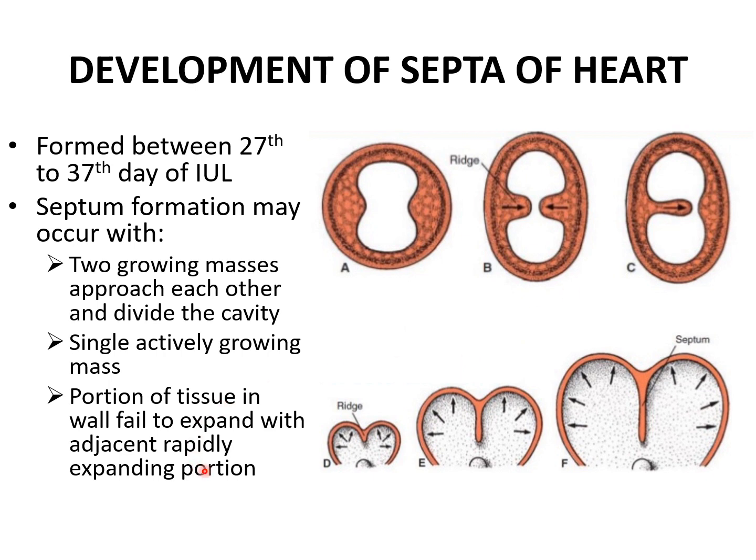Then another method is that there is a small area of the wall of any chamber of the heart which is not growing, while the adjacent areas are growing or expanding at a higher speed, and that will lead to a central ridge formation, which increases with the expansion of the side areas to form the septum.